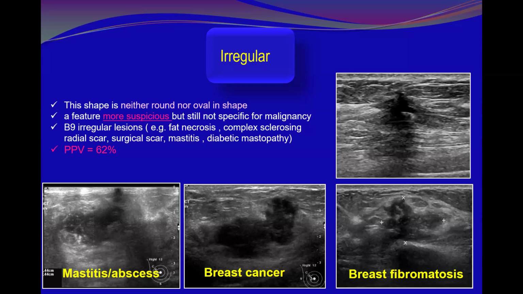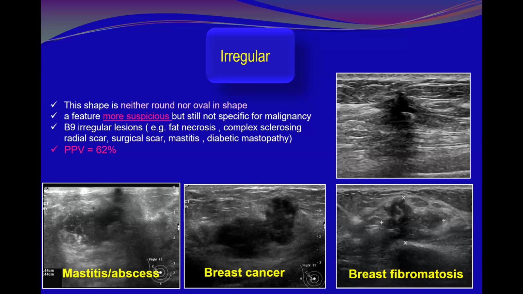But since it has a positive predictive value of 62%, it is in the range of BI-RADS 4C. The irregular shape is the only feature corresponding to BI-RADS 4C.